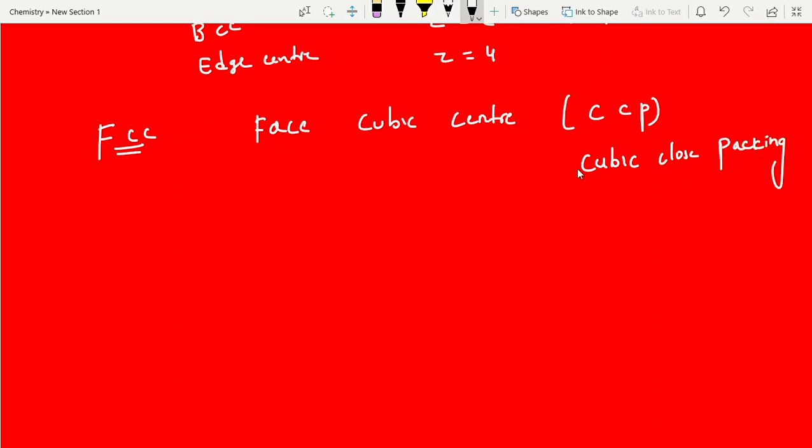Okay, packing efficiency formula, and the simple unit cell packing efficiency we have already discussed. In this video I am going to give packing efficiency for the FCC case.